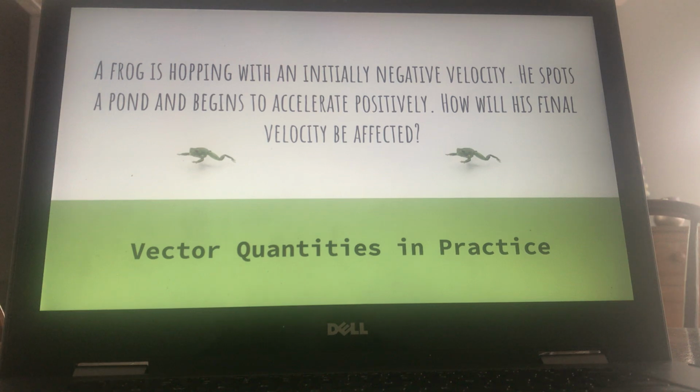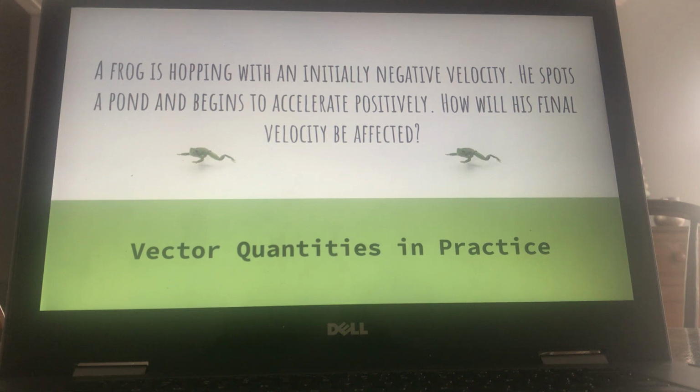So when looking at this situation, there's a couple different ways you could define it, but how I defined it was that he had an initial negative velocity. He's moving in a negative direction. Maybe he's moving west, maybe he's moving south. And then he begins to speed up positively, which means he's going increasingly into that negative direction, which means his final velocity is going to be a greater negative than his initial velocity.